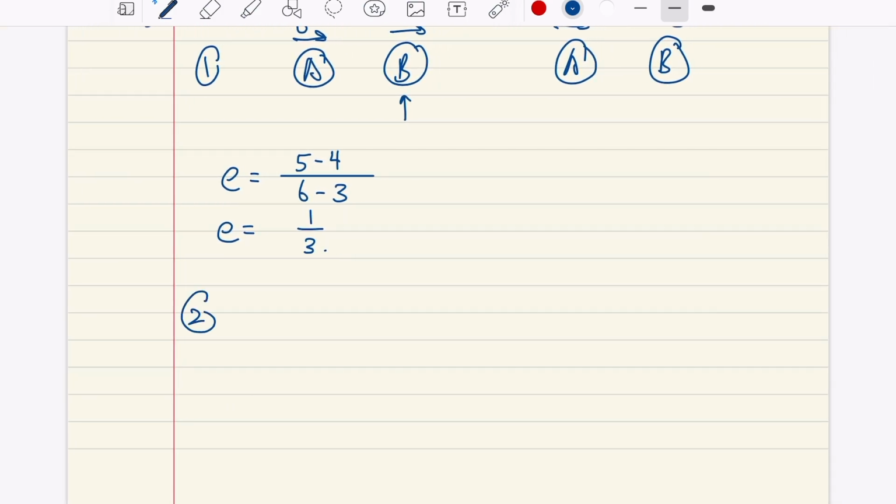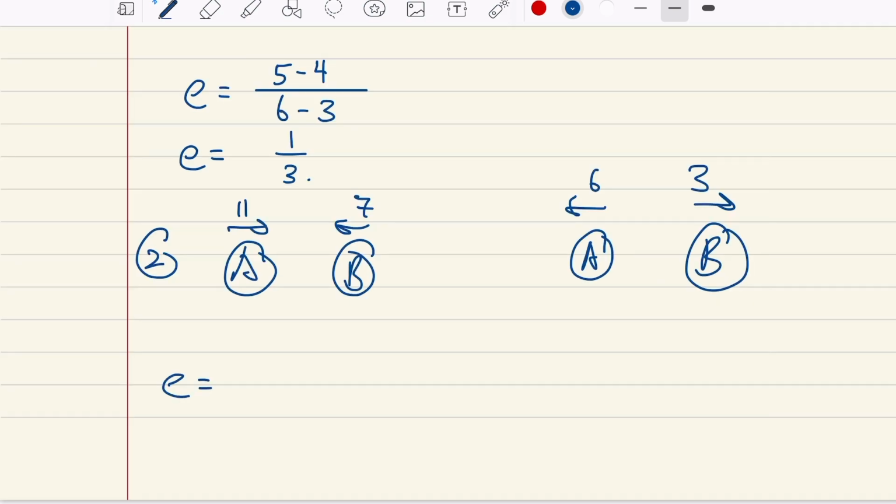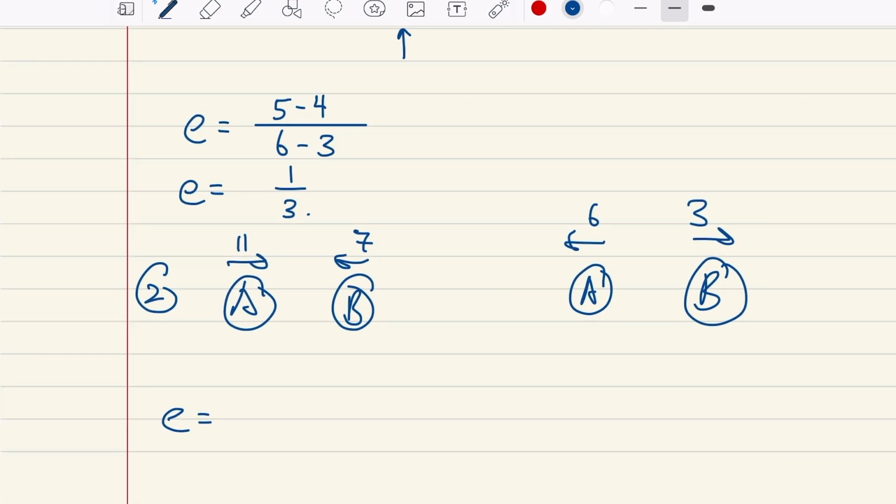Okay, now we have the second case. Before the collision, they both are moving towards each other. Imagine you are sitting on top of ball B. And when you look at ball A, it feels like ball A is moving really fast towards you. So here, we will add the velocities up. How about after the collision?